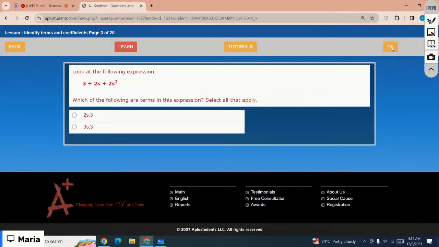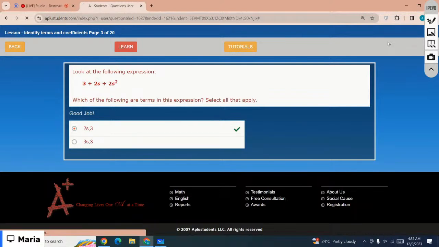Which of the following are terms in the expression? The correct option is option number 1. You have 2s and you have three terms here. They all are terms, but 2s is the term in the question. 3s is not in the question, right? So that's why option number 1 is the correct option.